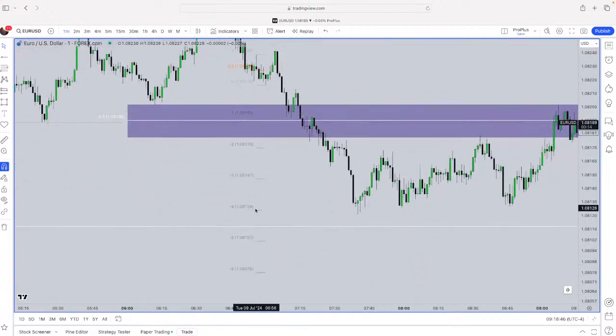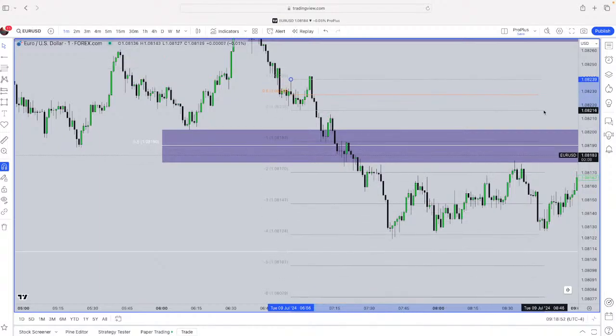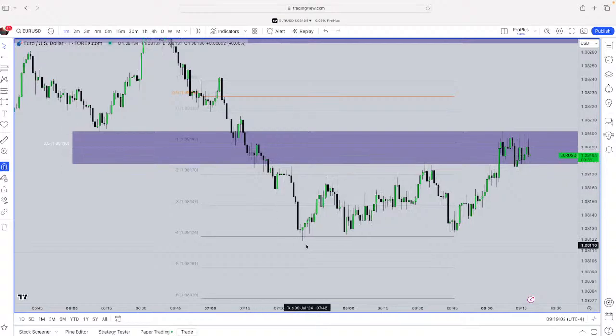You can see standard deviation 4 if you draw that across. Look how it respects the first standard deviation before pulling back, then the second deviation, and then the fourth deviation. They're just the targets.